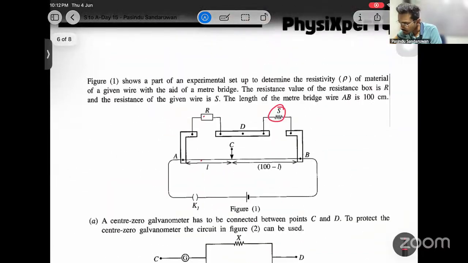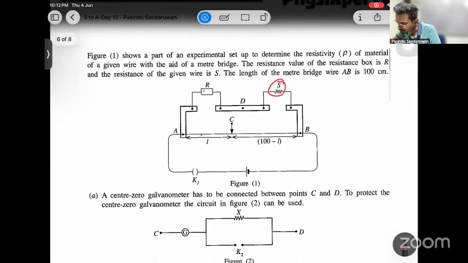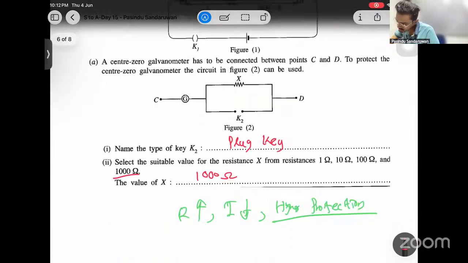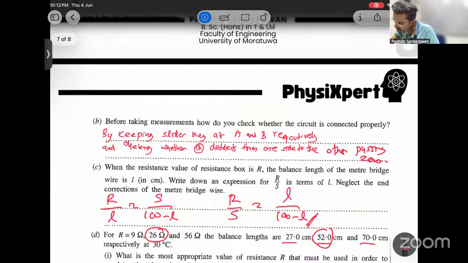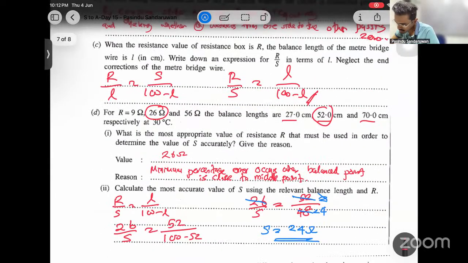It was given somewhere. Here, right? Initially it is at 30.